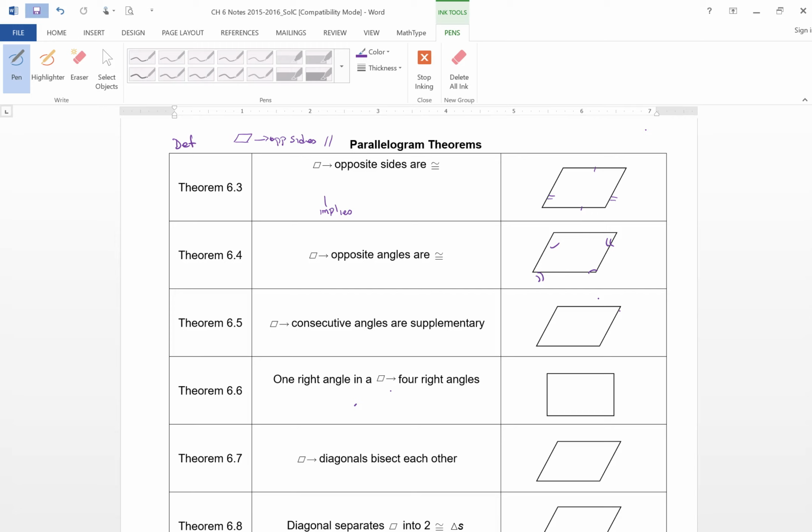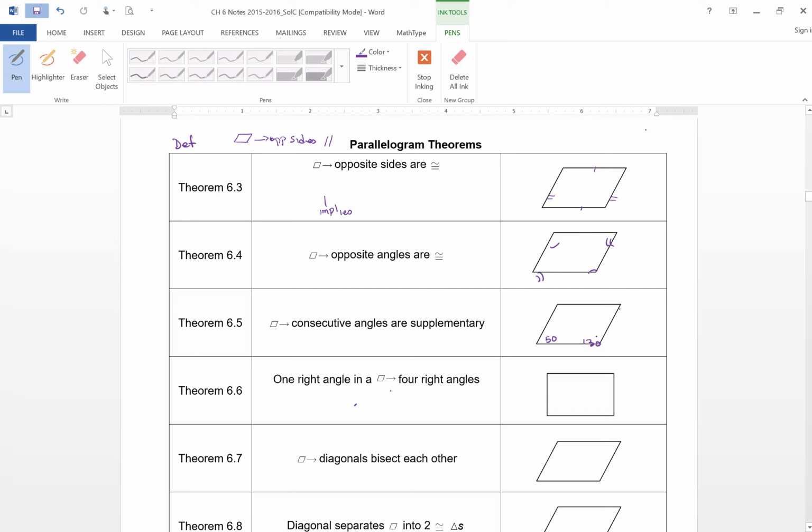Well, what are consecutive angles? This one and the one right over. They're supplementary. Okay, so if this angle is 50, how big is the angle right next to it? 130.